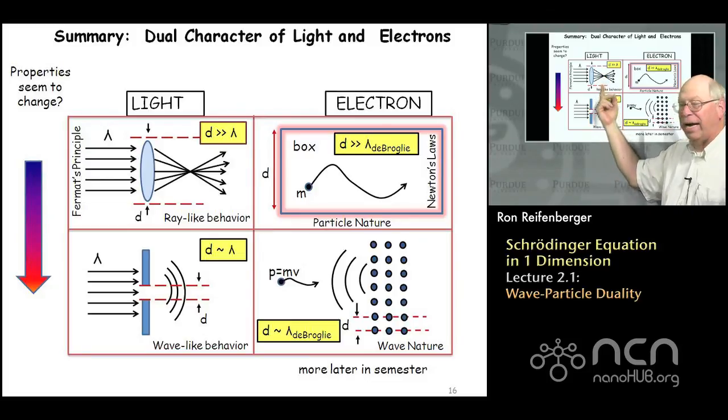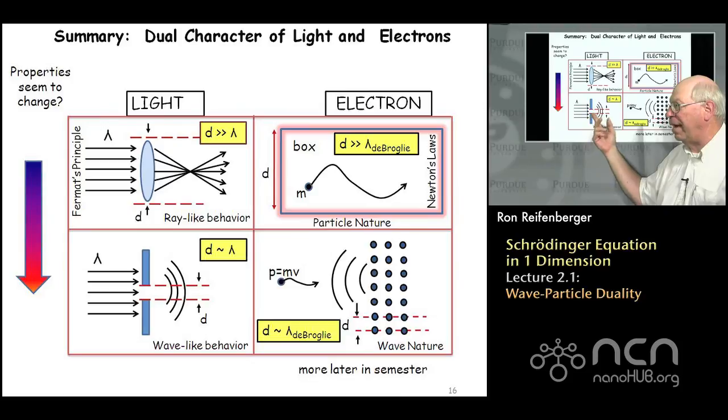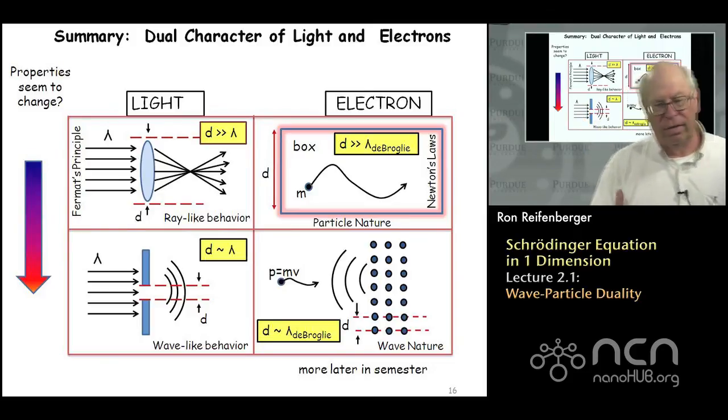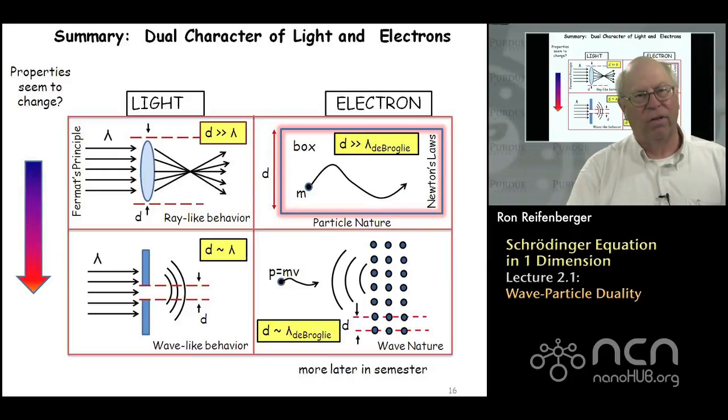These are straight line particle trajectories that you can trace out, and you can understand all kinds of things about image formation. On the other hand, if you start to take that same light and pass it through slits, where the separation or the width of the slit is comparable to the wavelength of light, then you have to start to treat light as a wave object. You have to rely on wave-like behavior.